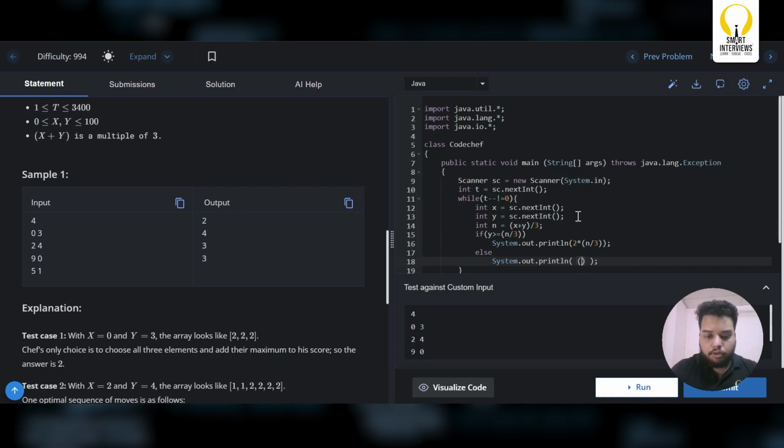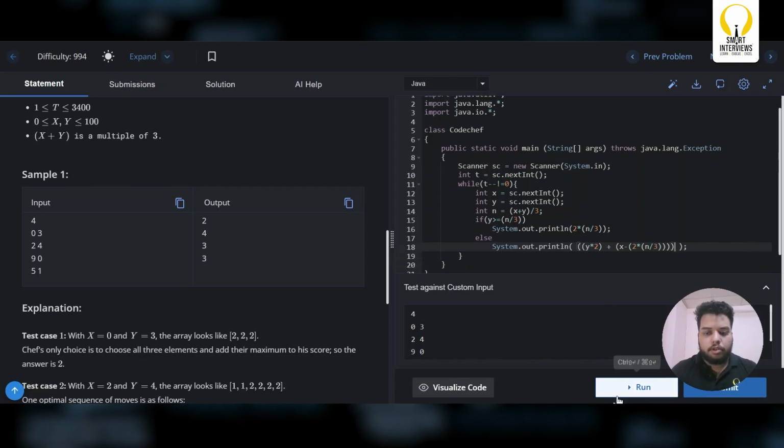So count of 2's, y into 2, note the bracket here, plus now I need to add the leftover count of ones. So it is nothing but total ones minus the number of ones which I am leaving, which is 2 into n by 3. Okay, and I need to add this up.